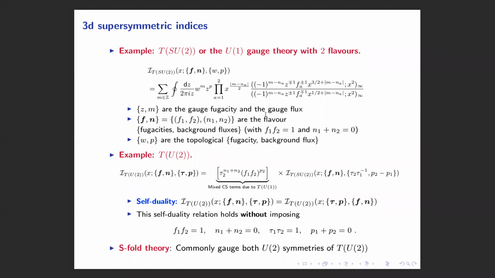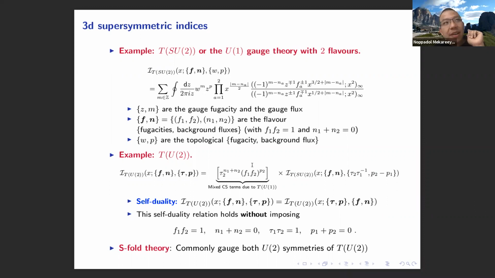Yes. How do you see duality in T[SU(2)]? You swap them, right? You swap W, P and F, N. But this is not true unless you impose the condition that F1 times F2 is 1 and N1 plus N2 is 0.